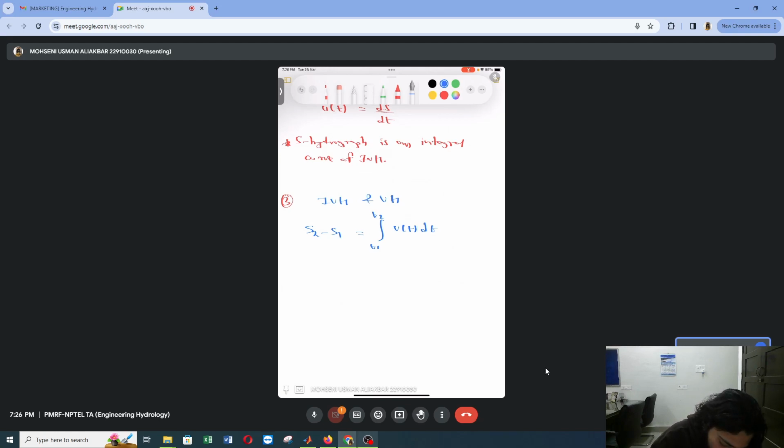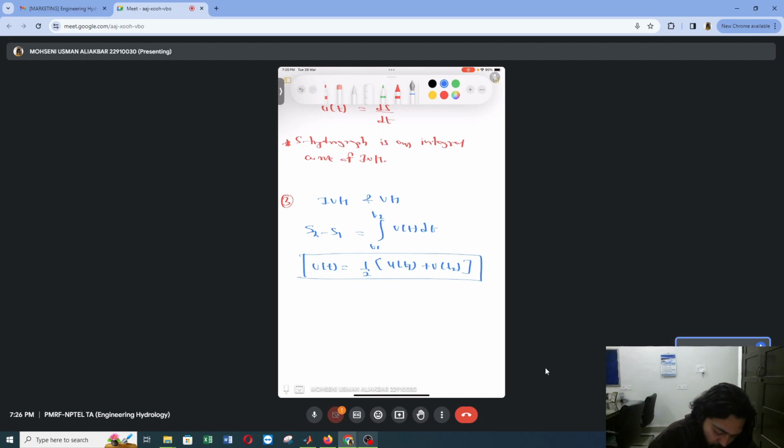And since the time interval is very small, we can say that the IUH can be considered linear within this interval. So u of t could be the average of u of t1 and u of t2, right?